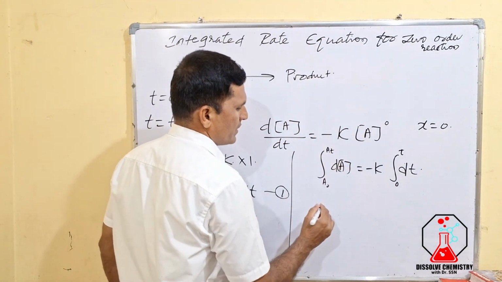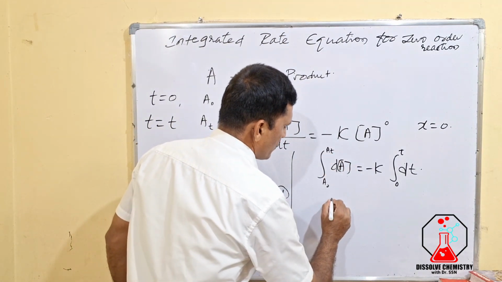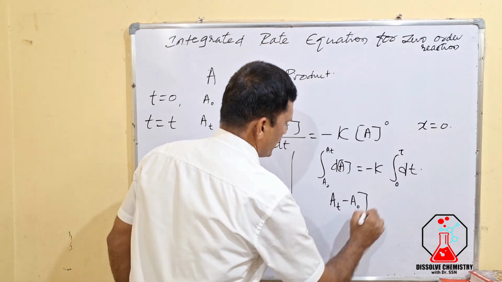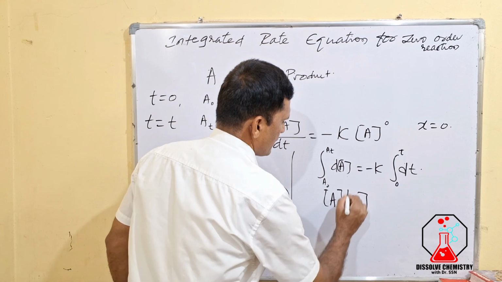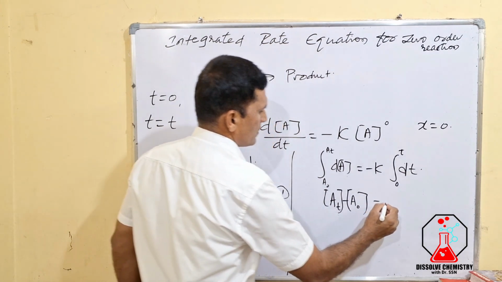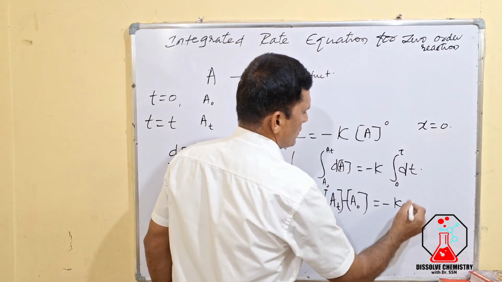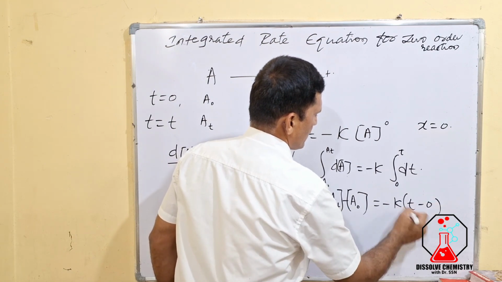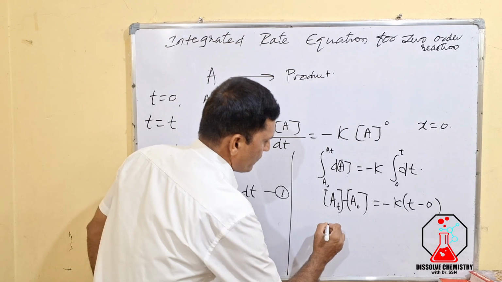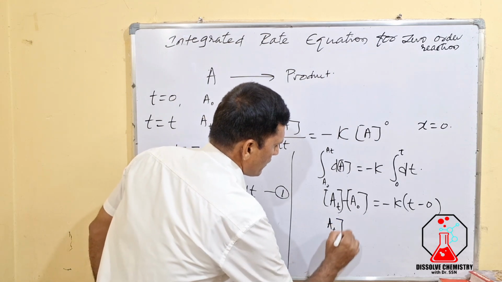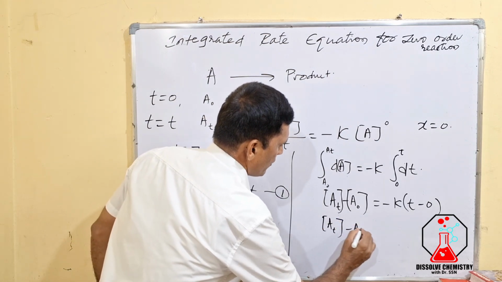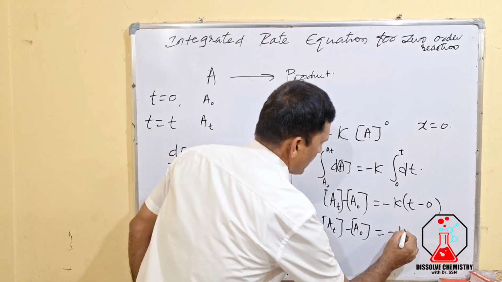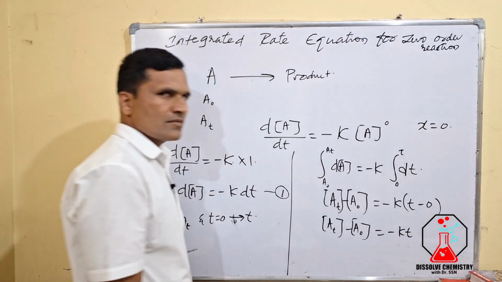Under these two limits, upon integration, we will get At minus A0 is equal to minus k into t minus 0, which is nothing but t. Therefore, At minus A0 is equal to minus kt.